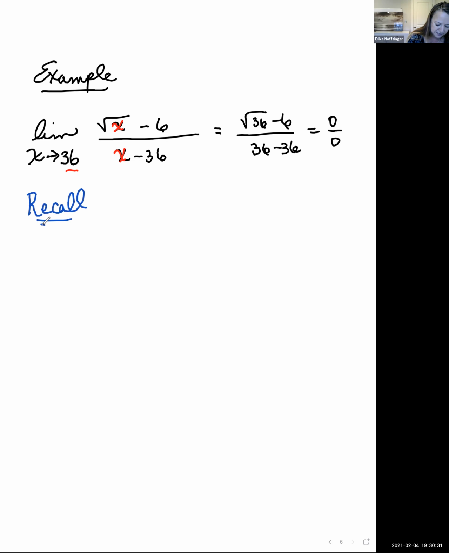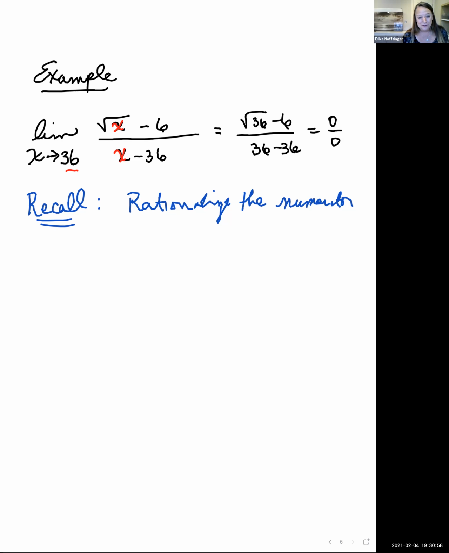how to rationalize. In this case, we want to rationalize the numerator. For some reason, my handwriting is not looking as good as I know I'm writing better than that.